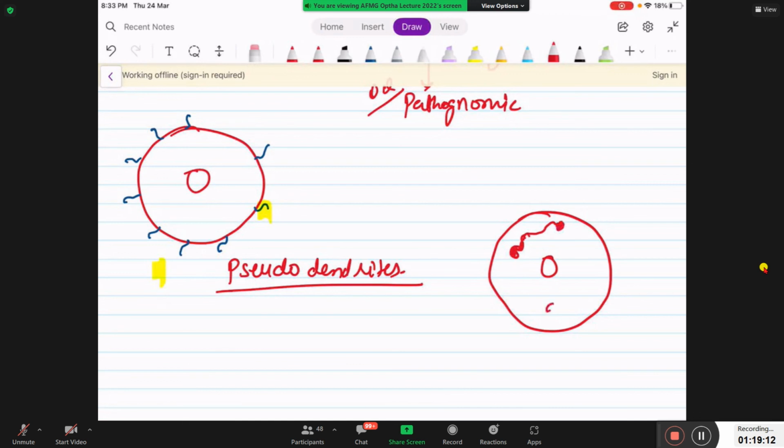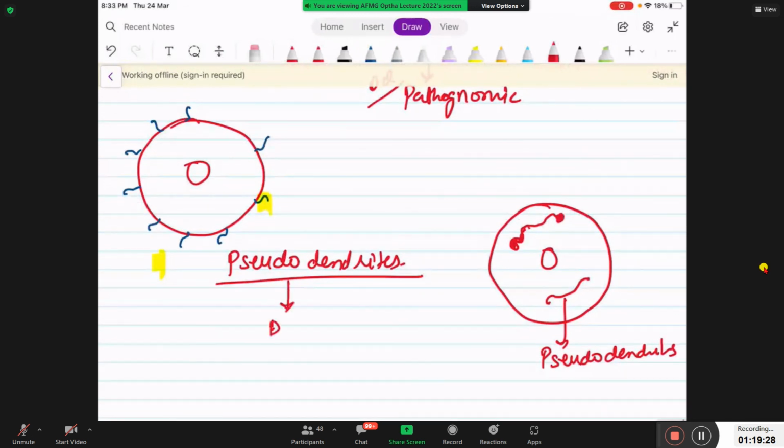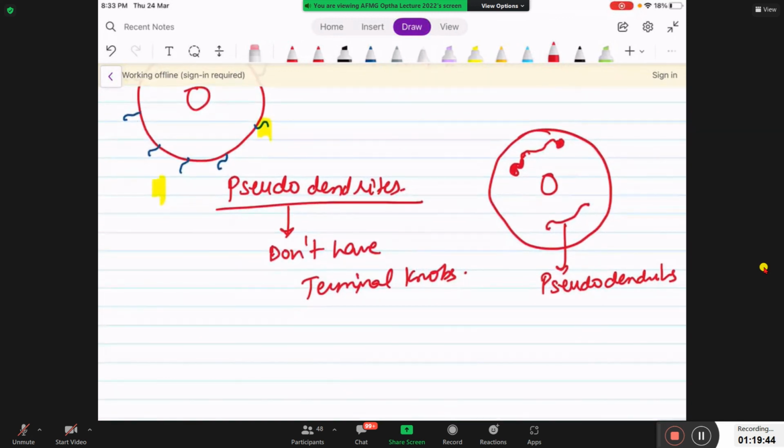Now, if these branches do not have any terminal knobs or buds, then they are called pseudodendrites. So pseudodendrites are seen in acanthamoeba, and dendrites are seen in HSV keratitis, disciform keratitis.